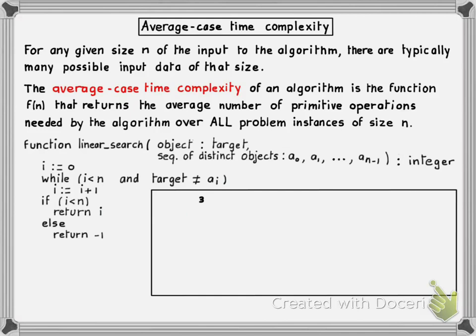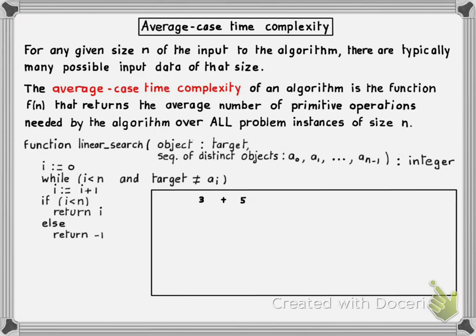Since this condition is true, we execute the first iteration, we go back to the loop, and then this comparison is evaluated to true, and this comparison now is evaluated to false because target is equal to a sub 1. So we've done a total of 4 comparisons. We exit the loop, and then we have one more comparison here to determine the return value. In this case, i is equal to 1. So in this case, we have a total number of comparisons equal to 5.